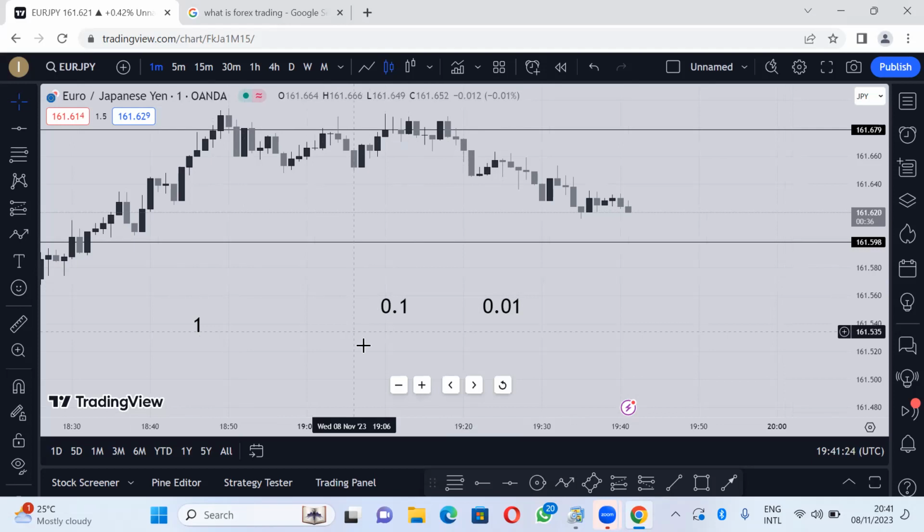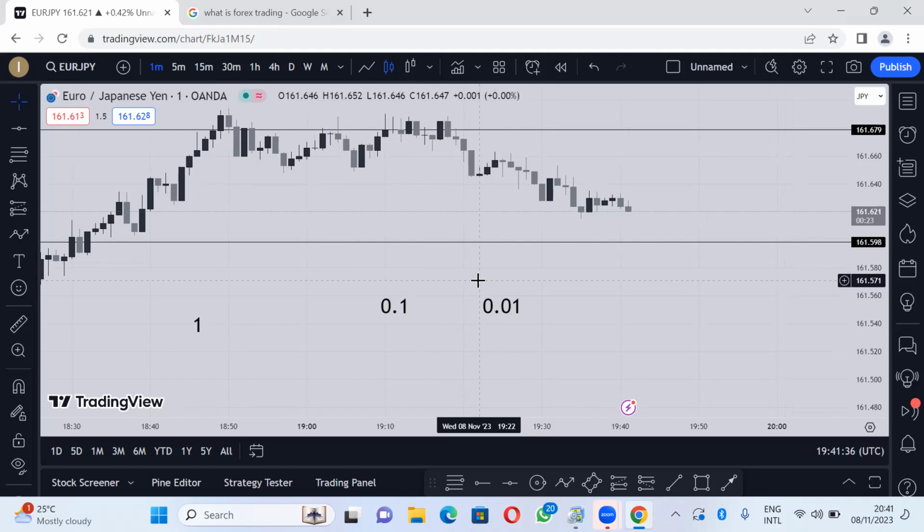Lot size is very important. It depends on the amount of money you have in your account and the amount of money you are willing to risk. That will determine the lot size you use to enter the trade. Lot size simply means, in a layman's explanation, that you are taking a portion of your money and saying, now this money, I want to risk. Let's say you have $100.